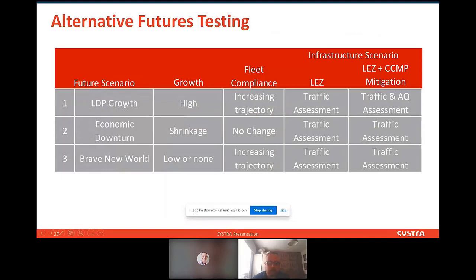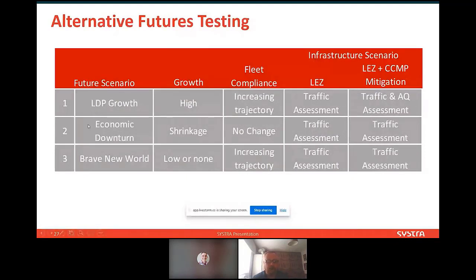Number one there is what we developed the scheme through, which is your standard local development plan growth, which is high growth. The fleet compliance was an increasing trajectory. So like I showed you before, by 2024, the number of compliant cars would be increasing through time, and we've done the assessment through that.